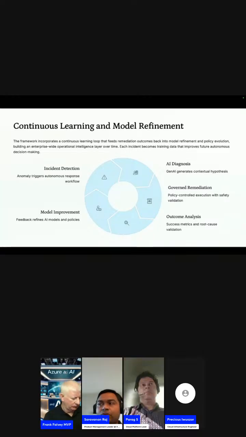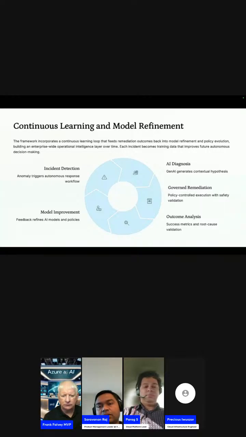And on top of it, we also had the GenAI model. That will be the GenAI-specific diagnostic, which is the second part of the flywheel, where it looks at the contextual insights, including the prior outages or the related diagnostic logs, and generates contextual hypotheses.